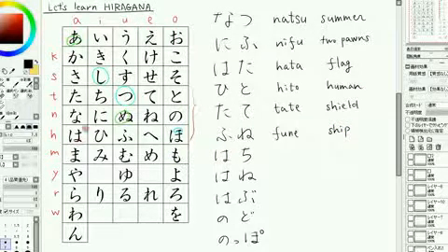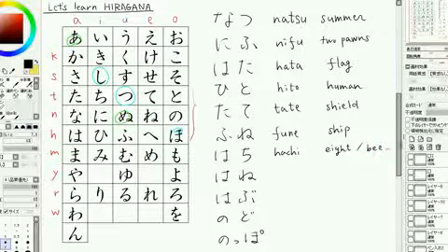Okay, next one. Ha and chi, right. Hachi, hachi, which gives me two things. One is 8, the other is B. Well, actually, it has other meanings too. Okay, and this one, it's ha, ne, hane, hane, which means a wing.